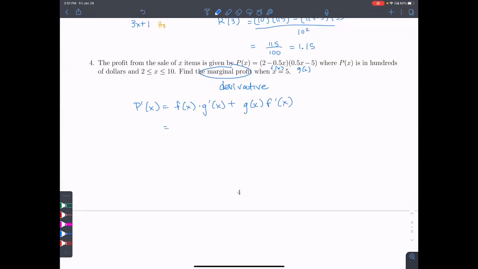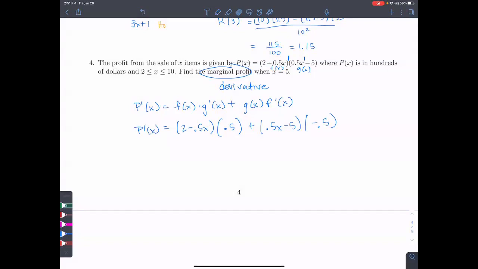So first function is 2 minus 0.5x times the derivative of the second. That would just be 0.5. This is an x to the first. Exponent on front decreases by 1. Plus second function, 0.5x minus 5 times the derivative of the first. This time it's negative 0.5. Looking at this, the power of 1, put it down front, and then decrease it to 0. So that's P prime of x for all x.